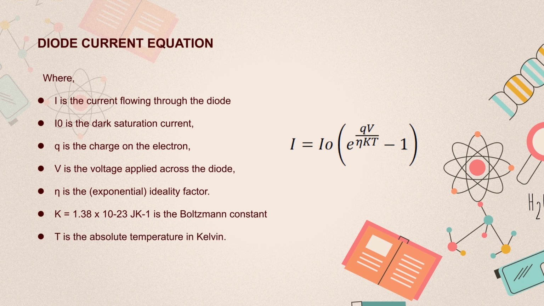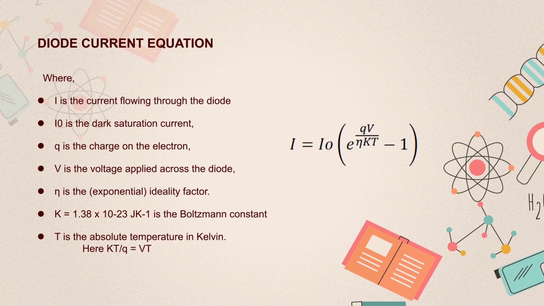Next is T. T is the absolute temperature in Kelvin. Here the factor kT divided by q can be written as a voltage term, a temperature dependent voltage. So, kT divided by q can also be written as V T.